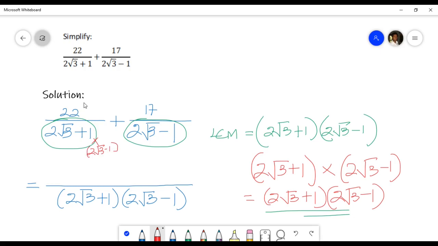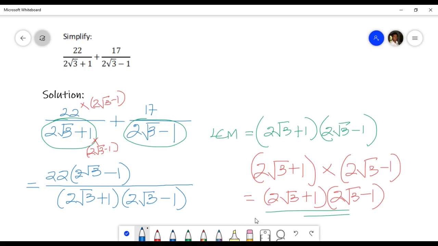So the multiplier of 2 root 3 plus 1, the same will multiply with the numerator, like you can see on the screen: 22 into 2 root 3 minus 1. I will just write 2 root 3 minus 1 inside the bracket, showing that 22 is multiplied with this term.